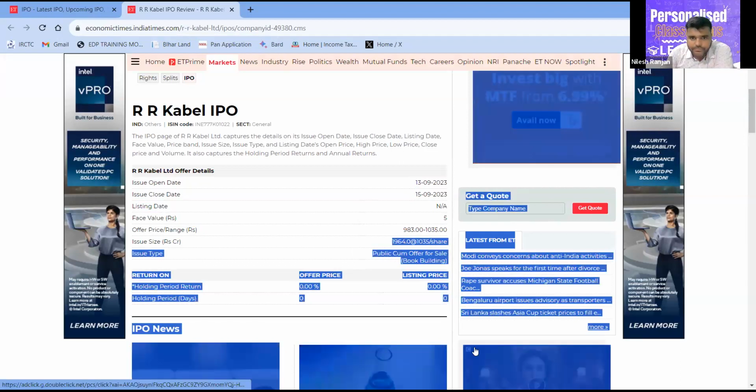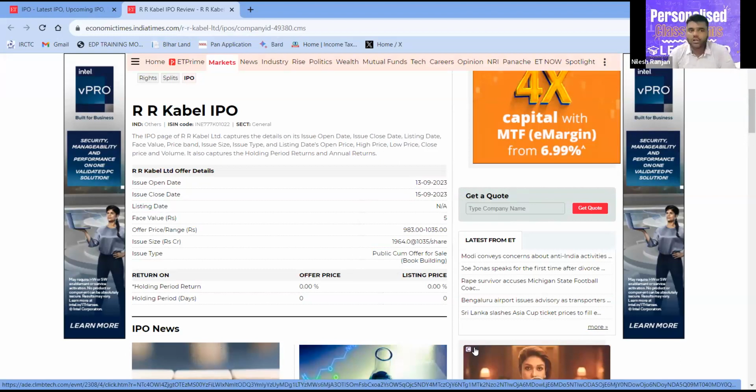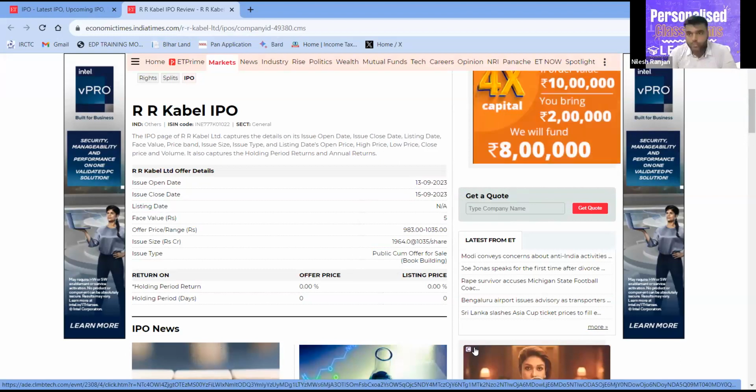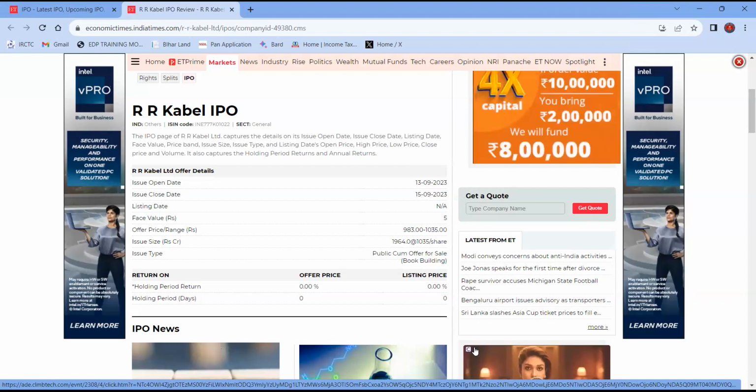So total 1964 crores is the issue price, the total issue price. So it is, you can say, issued capital. Okay, sir. Authorized capital will not be given here.